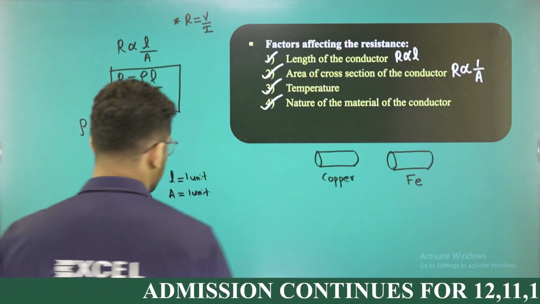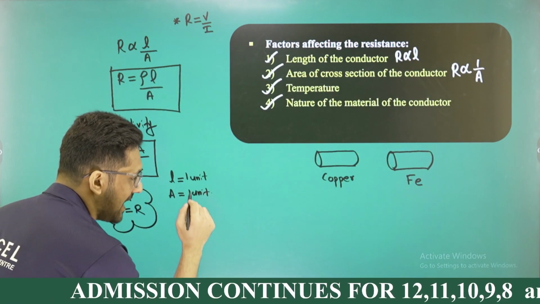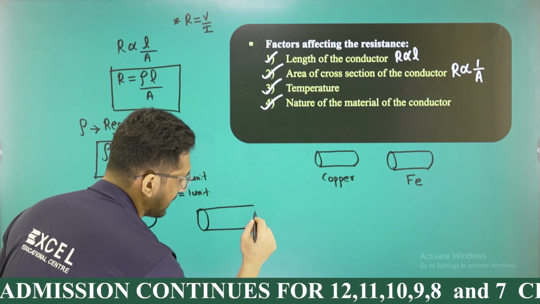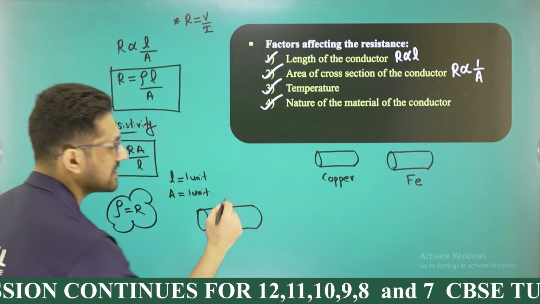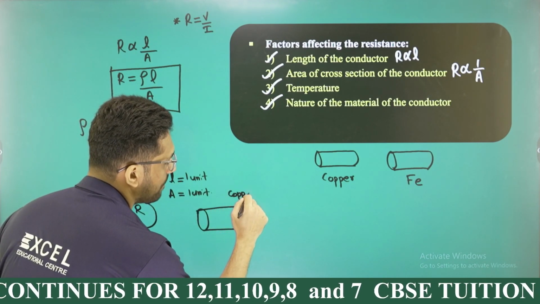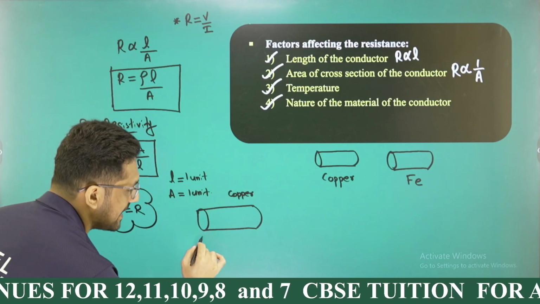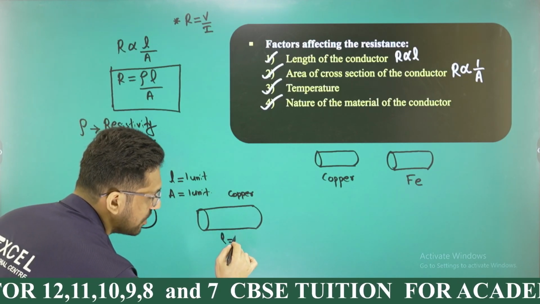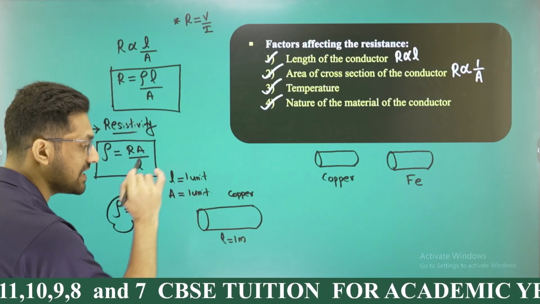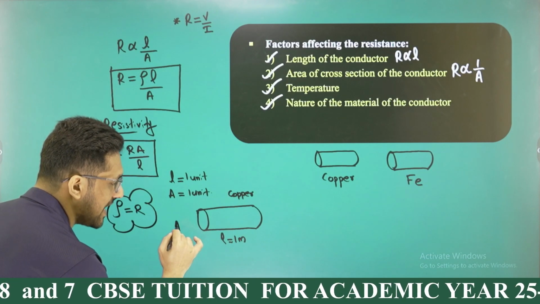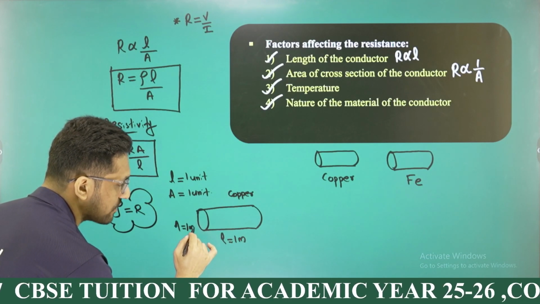Understood? If you take unit area and unit length of a conductor, imagine this is copper. You are taking unit length, that is length equal to 1 meter, and unit area equal to 1 meter square.